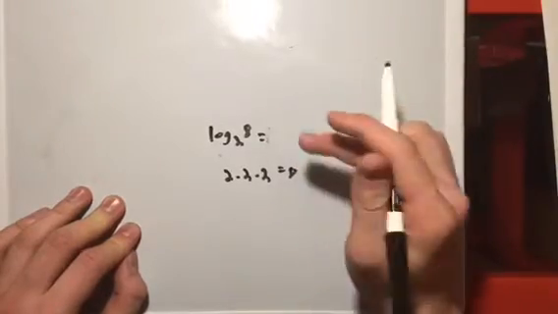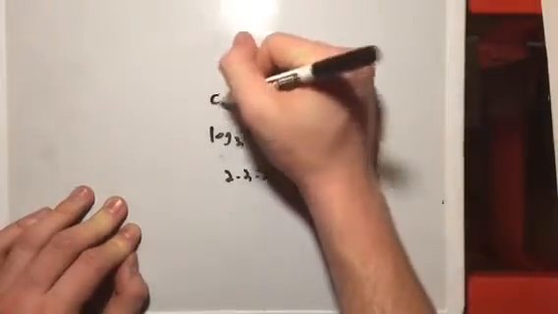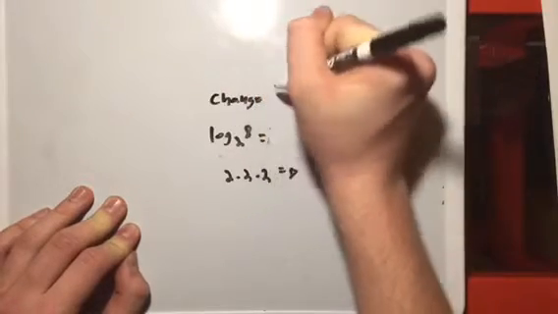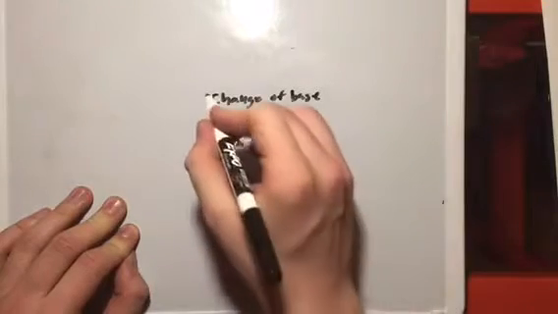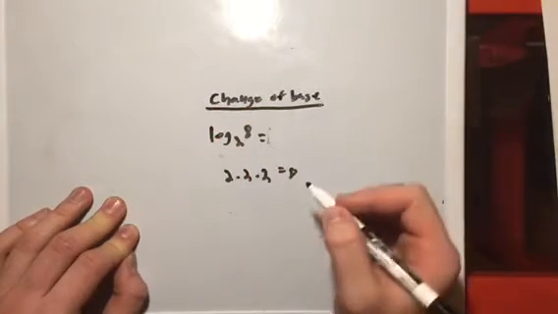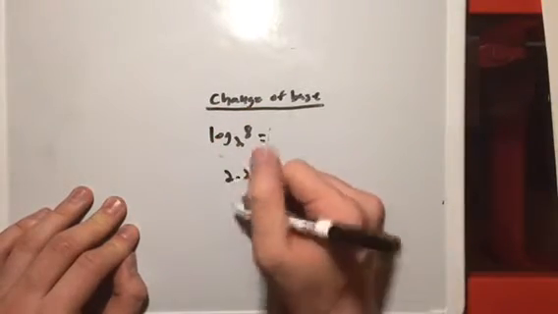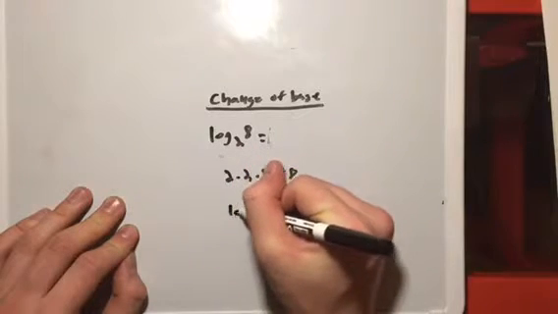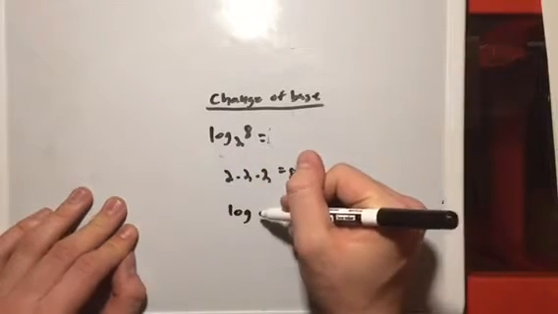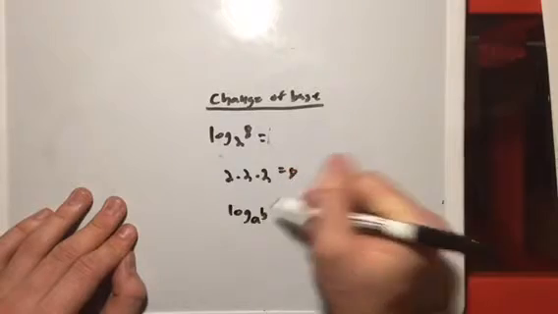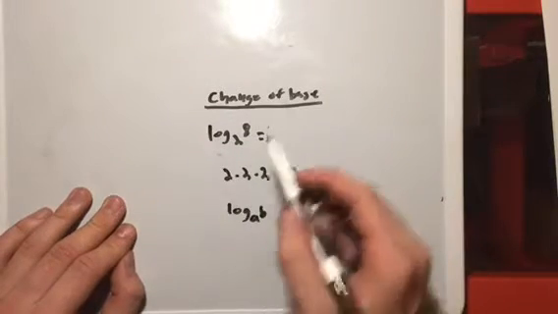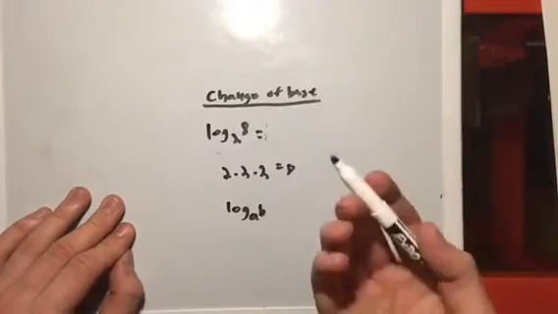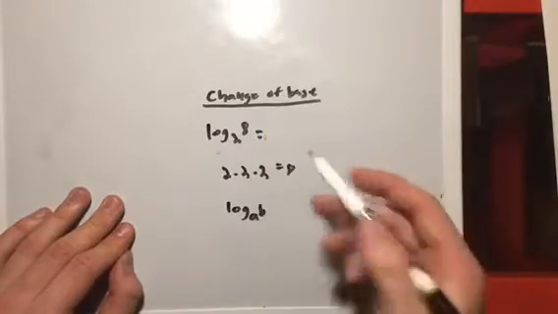What we can do is use the change of base formula. Change of base. Now how we use this is it's written like this: log base A of B. Now what we do is we want to find this, but let's say it's too big of a number.